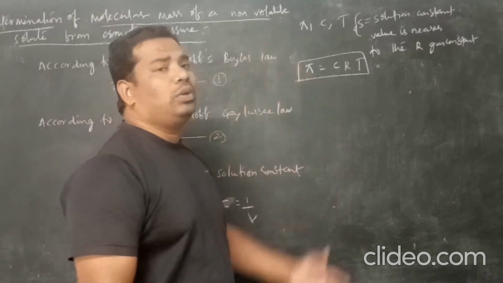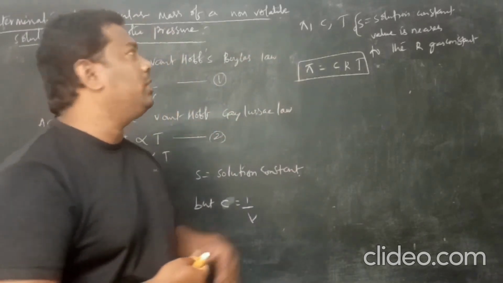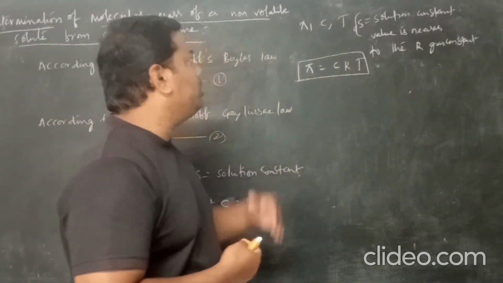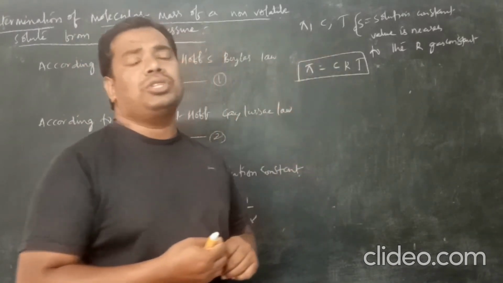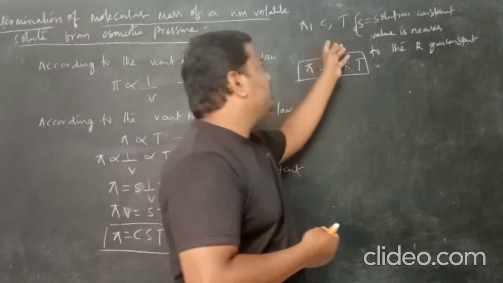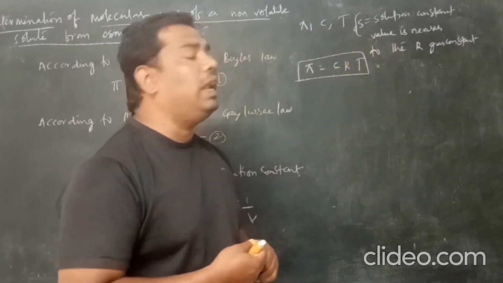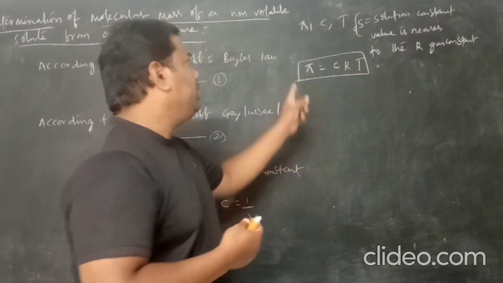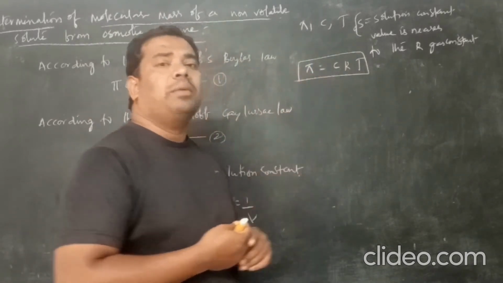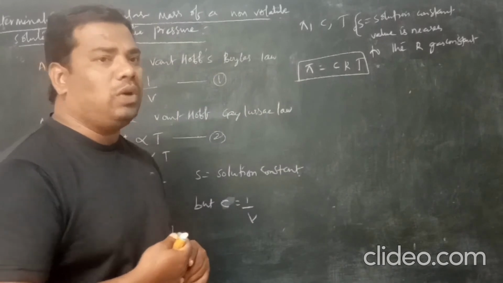When we substitute the value of osmotic pressure, concentration of the solution and temperature, we get the solution constant value, which is nearer to the gas constant value. Therefore, in place of S we substitute R, and the equation becomes pi is equal to C into R T.